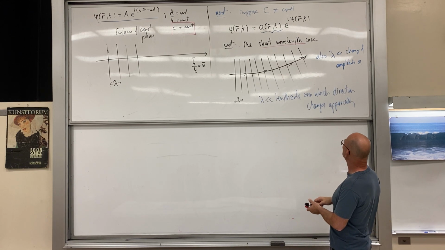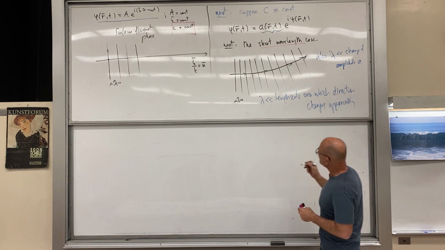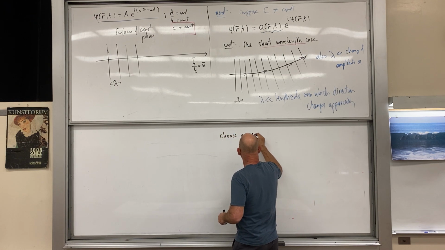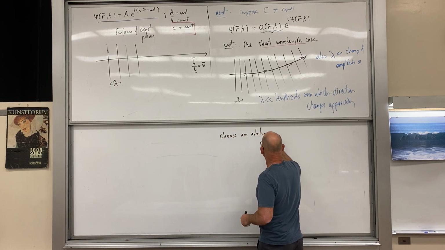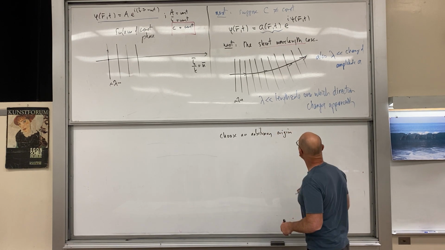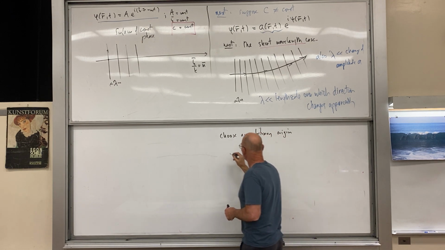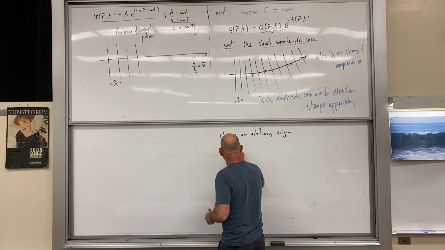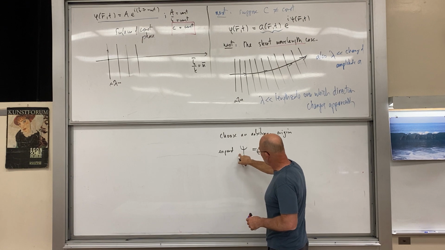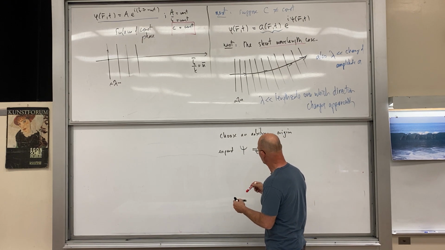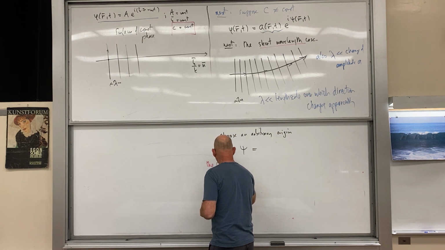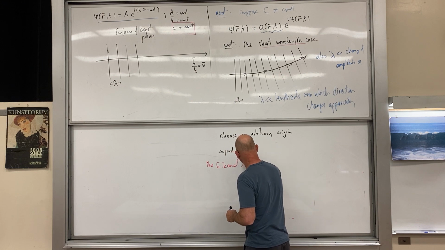What we're going to do is choose an arbitrary origin somewhere there, and expand c. And by the way, this thing is called the eikonal, so I should have put that down there. That's what this thing is called.